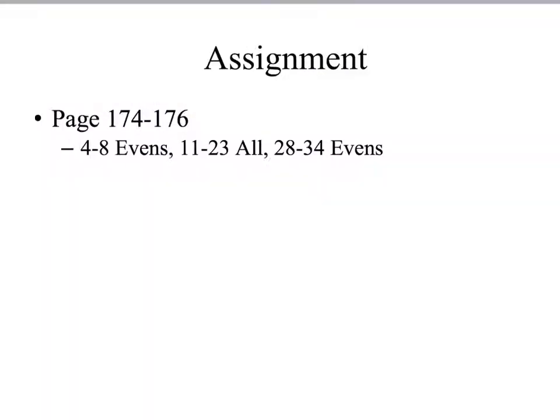Here is your homework. I want you to show your work. Like always, show your work. On page 174 through 176, you're doing 4 through 8 evens, 11 through 23 all, 28 through 34. Those 4 through 8 are solely going to be solving for the variable.